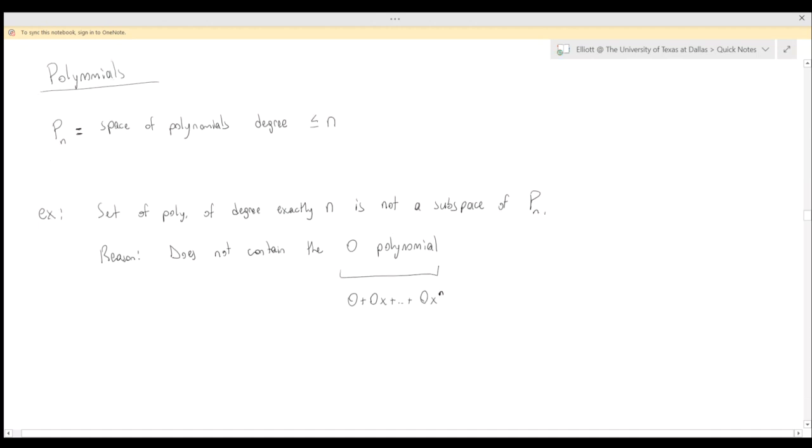And just to be clear about this example, for the degree to be exactly n, the coefficient of x to the n cannot be equal to 0. So it has to have an x to the n term in it, okay?